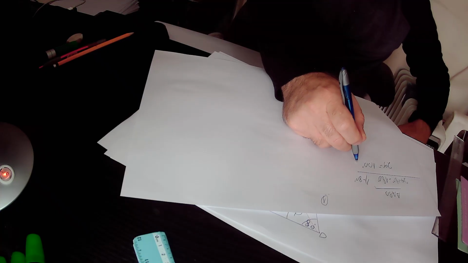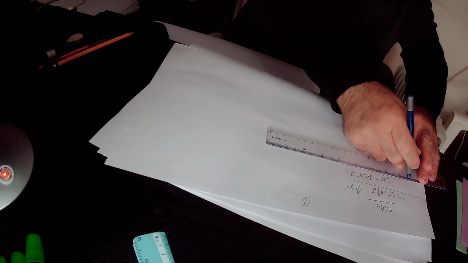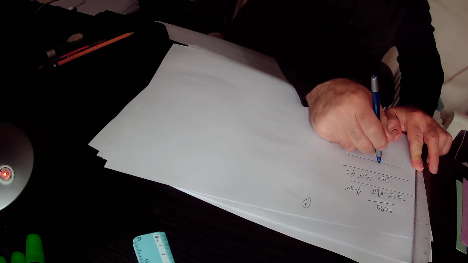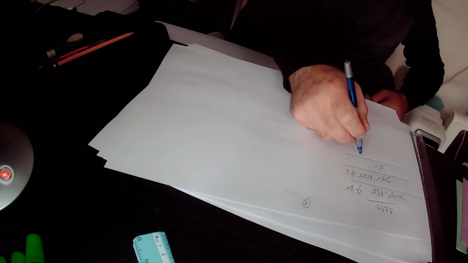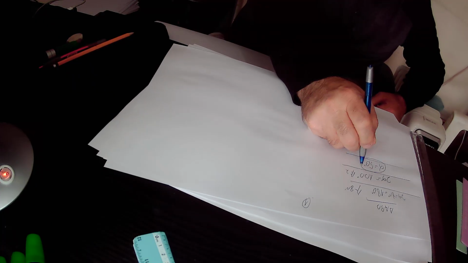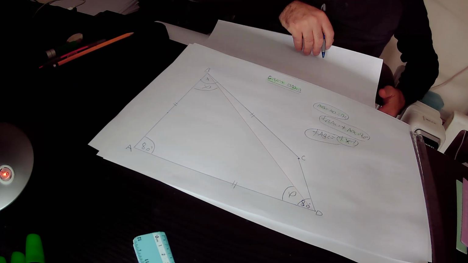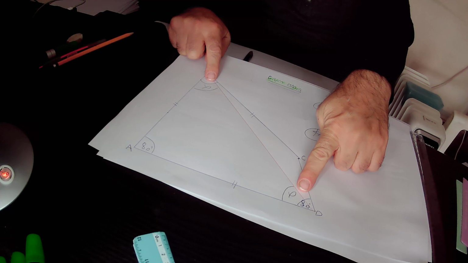Here we will divide this equation by 2. And finally we get that the missing angle alpha is equal to 100 degrees over 2, which is 50 degrees. Those two angles are both equal to alpha, and therefore each of them is equal to 50 degrees in size.